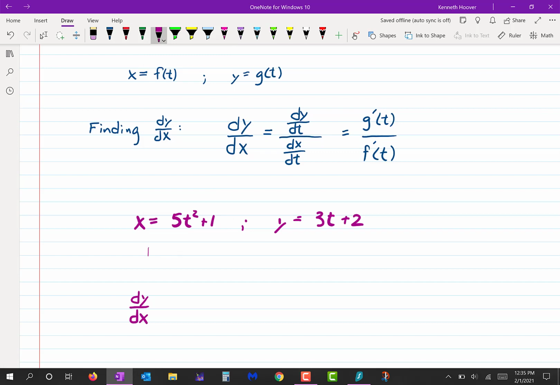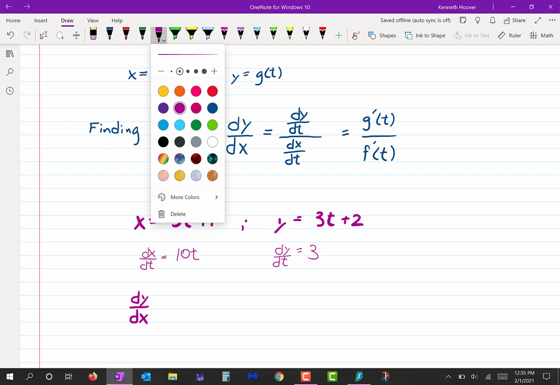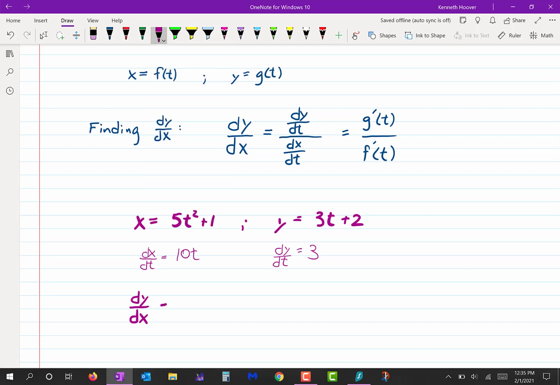Let's find dx/dt. That would be 10t. Let's find dy/dt. That would be 3. So dy/dx equals dy/dt divided by dx/dt. That would be 3 over 10t. And there's the derivative of y with respect to x.